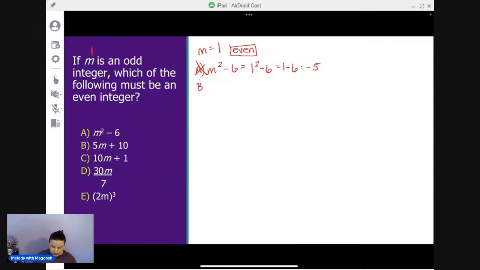B, 5m plus 10. That becomes 5 times 1 plus 10. 5 times 1 is 5, and 5 plus 10 is 15. Is it even? Yes or no? No. Eliminate B. Answer choice C, 10m plus 1. That equals 10 times 1 plus 1, which is 10 plus 1, which equals 11. Is it even? No.